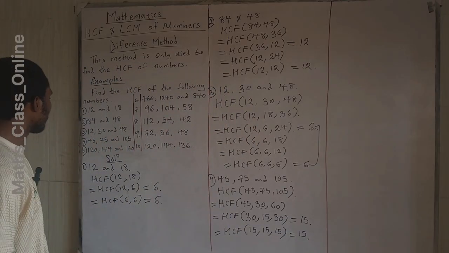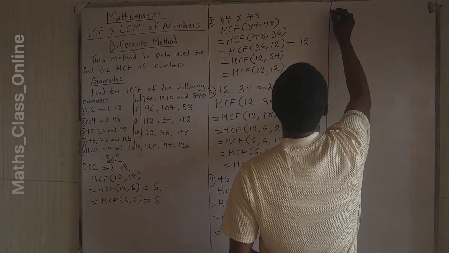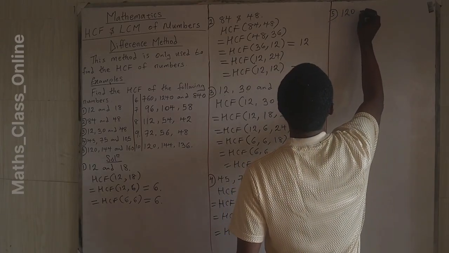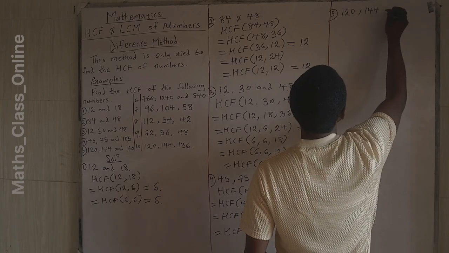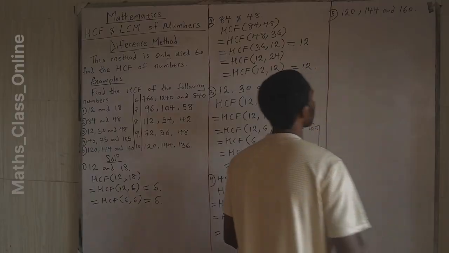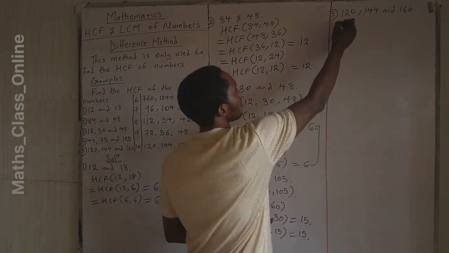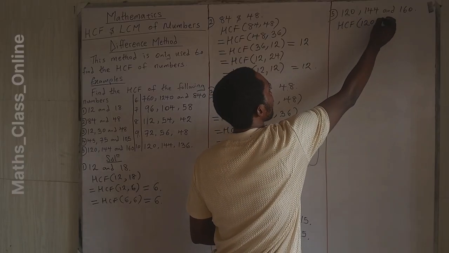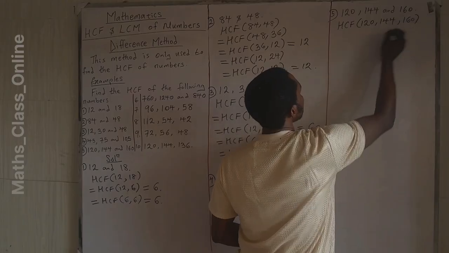Next example we have is what? 5. 120, 144, and 160. We have to find the highest common factor of 120, 144, and 160.